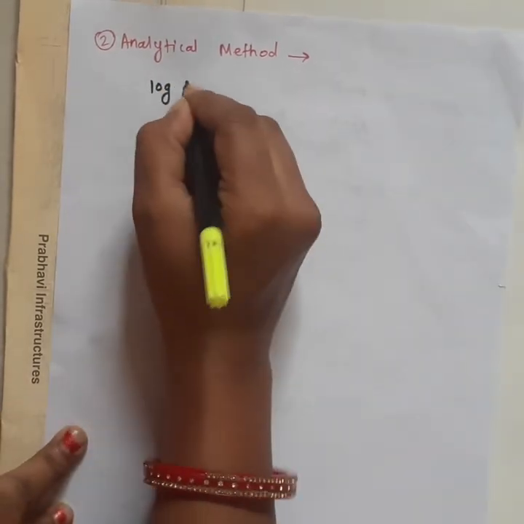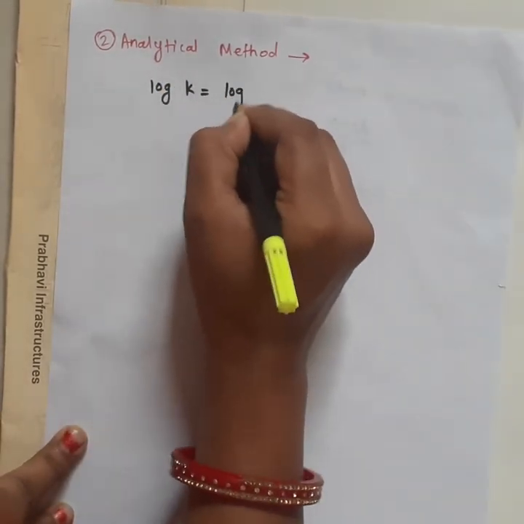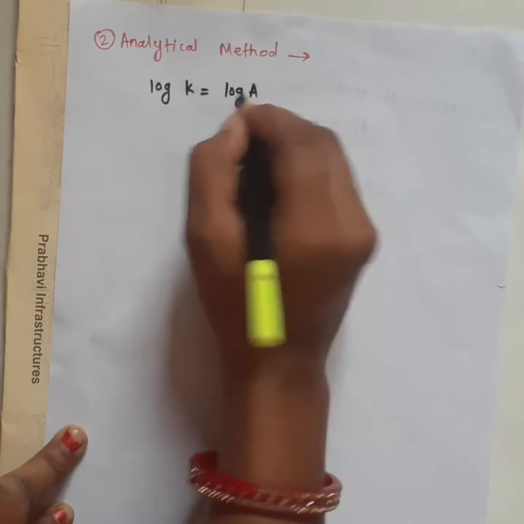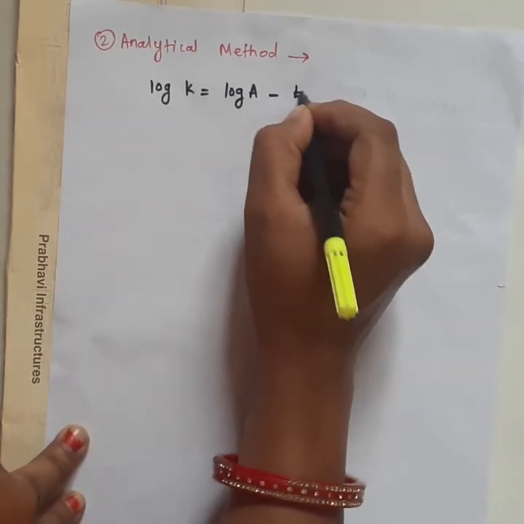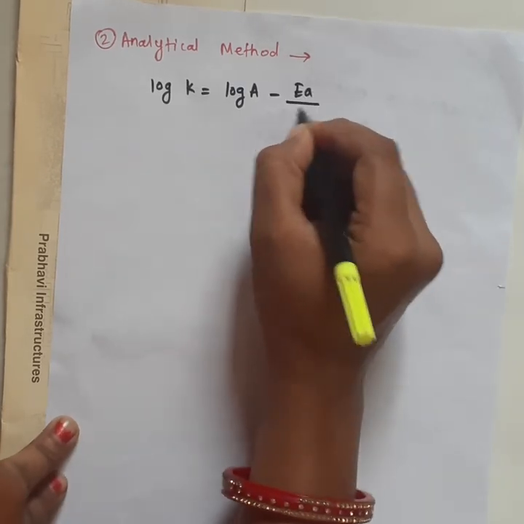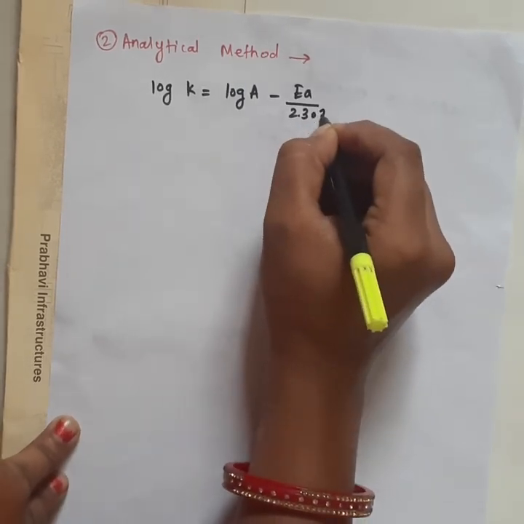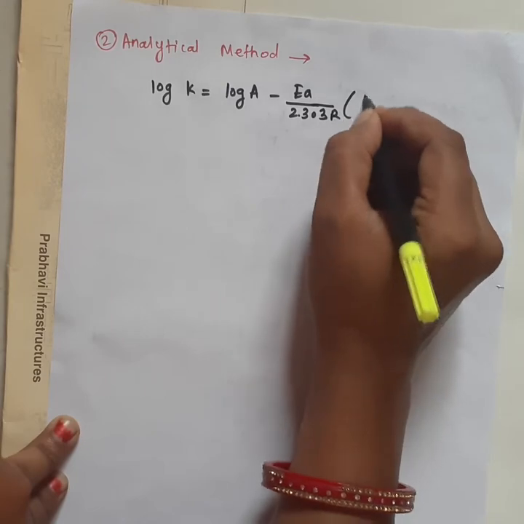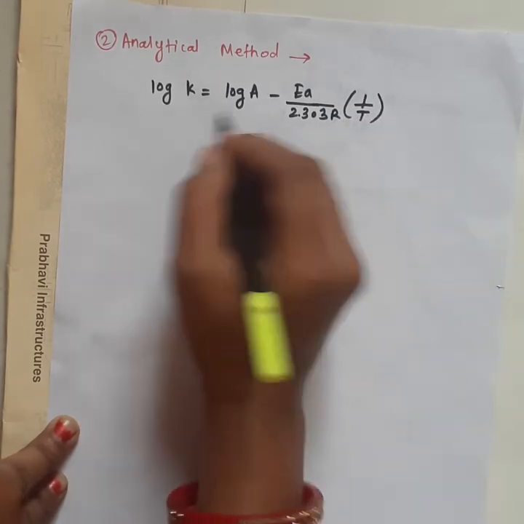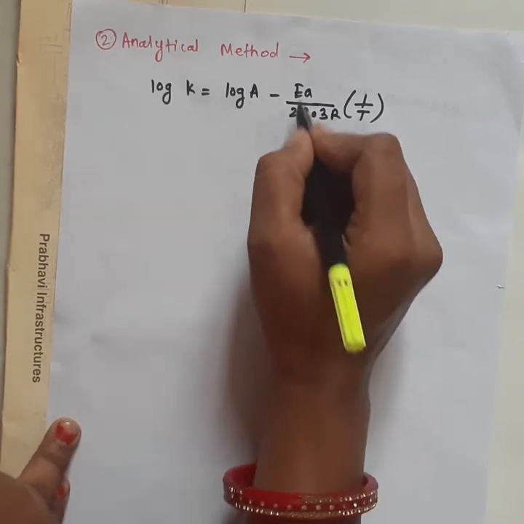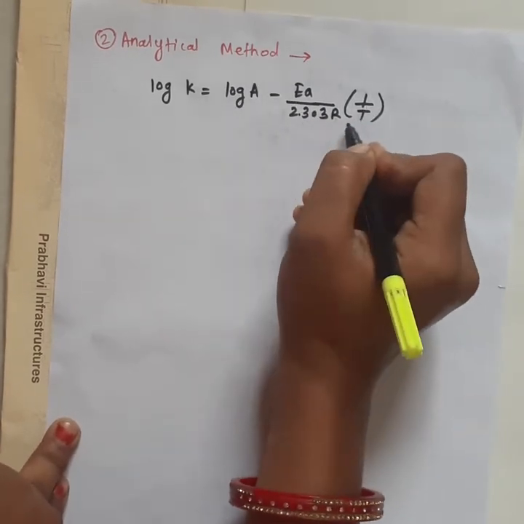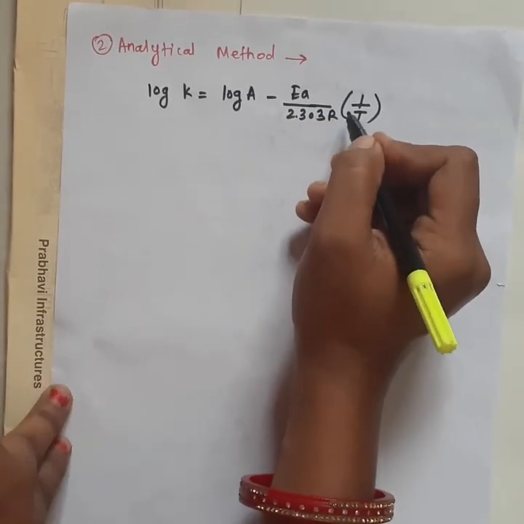Arrhenius equation: log k is equal to log A minus EA upon 2.303 R into 1 upon T. In the graphical method, we have studied this equation.